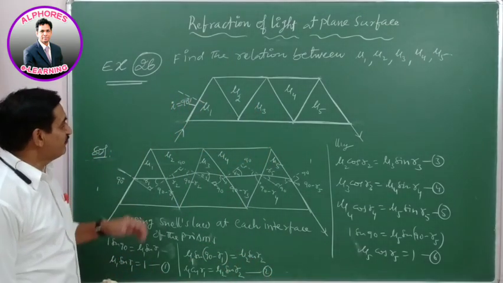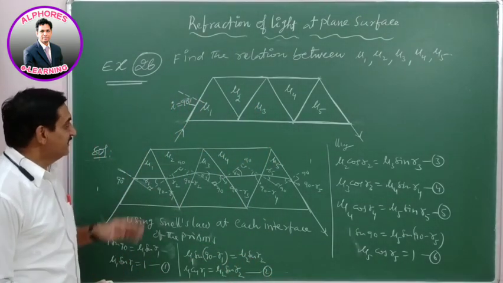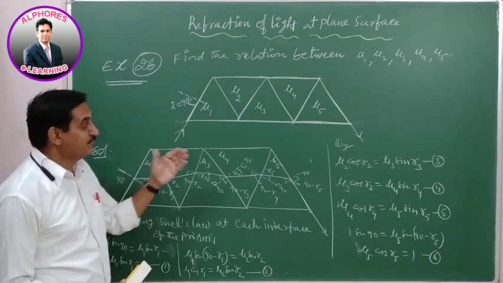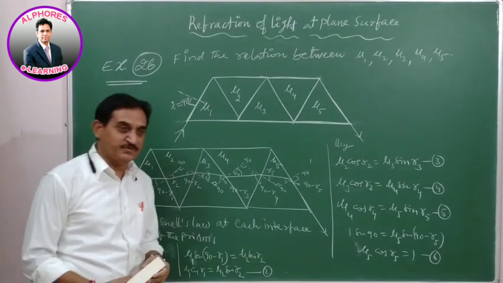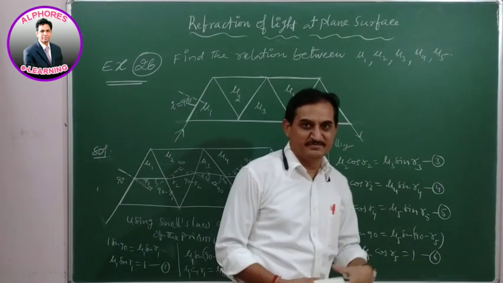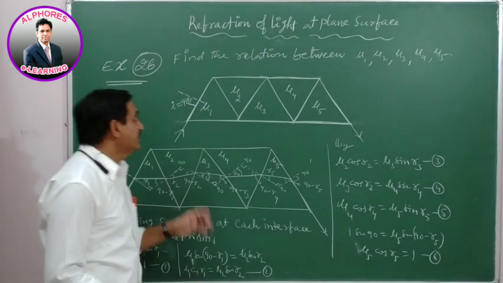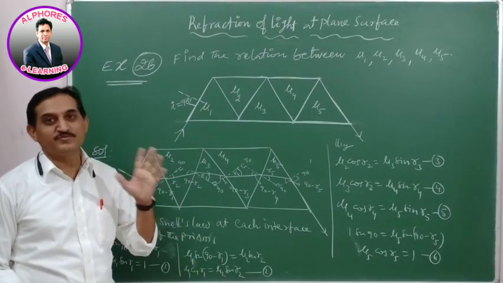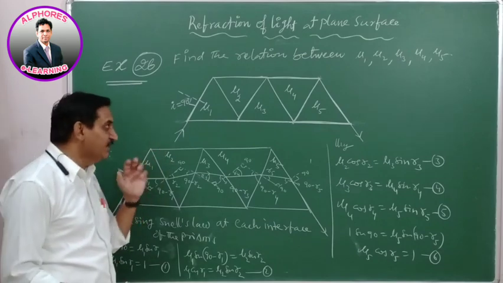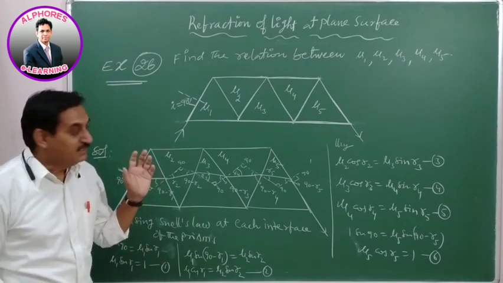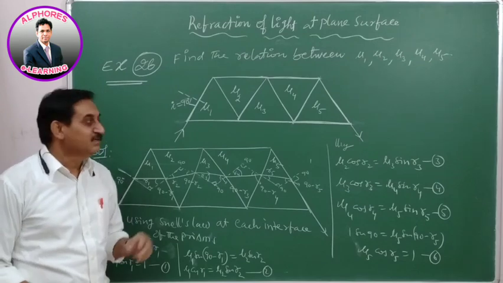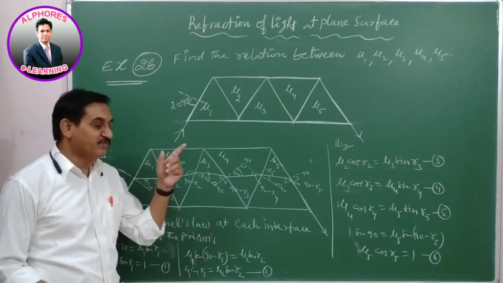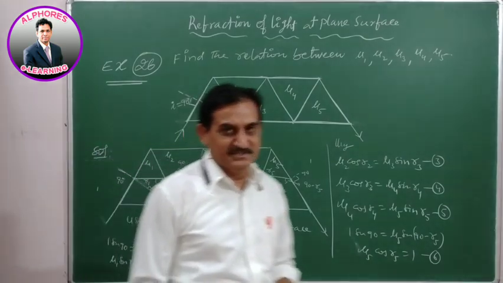Now, a ray of light is grazing, that is, grazing incidence on the first prism, suffering refraction through all these prisms, and finally grazing out of the last prism. Then find the relation between mu1, mu2, mu3, mu4, mu5. What kind of relation will this system of prisms have, that is, up to 5 prisms, when the incidence is grazing and finally the light emerges grazing?